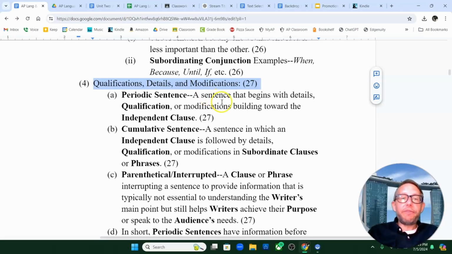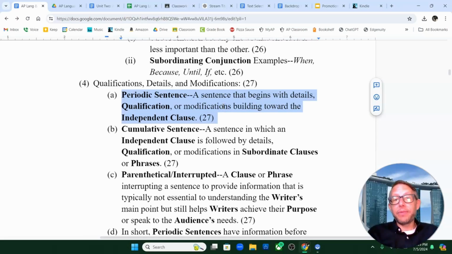Well, we're starting off here with a periodic sentence. A sentence that begins with details, qualification, or modifications building towards the independent clause. So that doesn't mean that it starts with a subordinate clause. It might start with a subordinate clause, but the independent clause is going to come second, and before that is going to be other details.